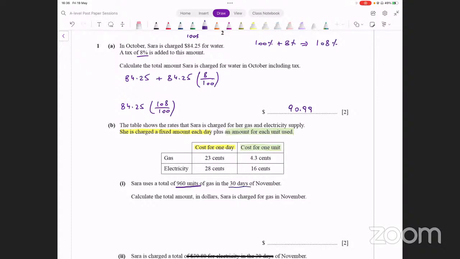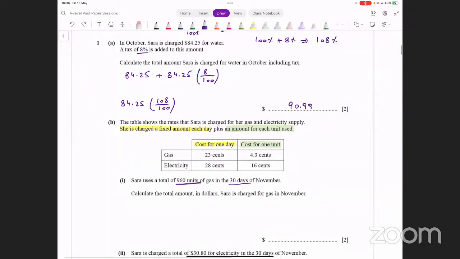Okay, now see, there are 30 days, and there is some fixed cost. We're talking about gas, right? How much is the fixed cost? 23 cents for one day. So what we can do is we can say for 30 days, she's paying 23 cents daily under this fixed cost.